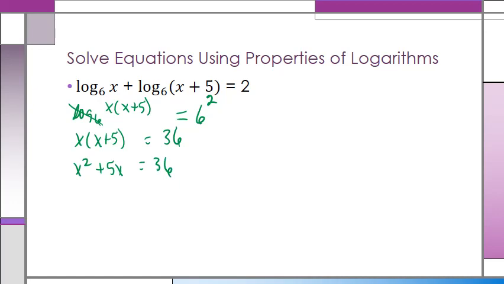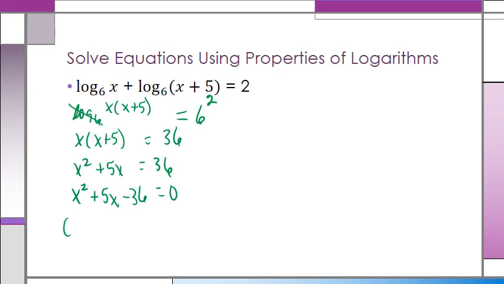And we're going to subtract 36 from both sides. Set this equation equal to 0. x squared plus 5x minus 36 equals 0. And we're going to factor this quadratic equation, and then set each factor equal to 0 and see if we've got a valid answer.